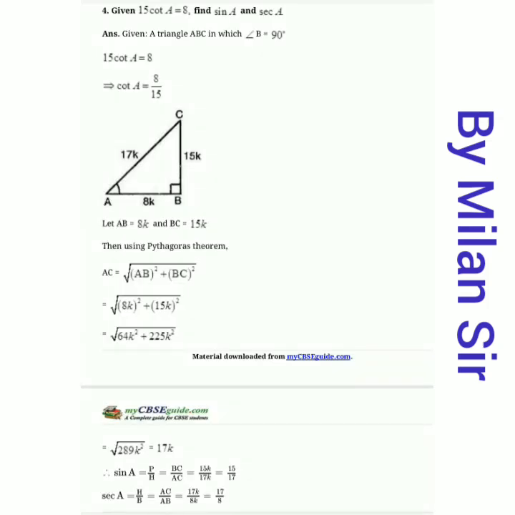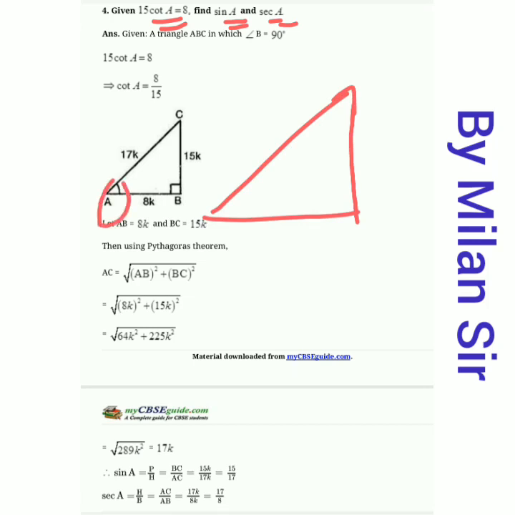Question number 4. 15 cot A is equals to 8. Find sine A and sec A. One thing I forgot to tell you in question number 3, that is, here all the values are given in terms of angle A, right? So whenever you make triangle, then keep one thing in your mind, your A cannot be your right angle.